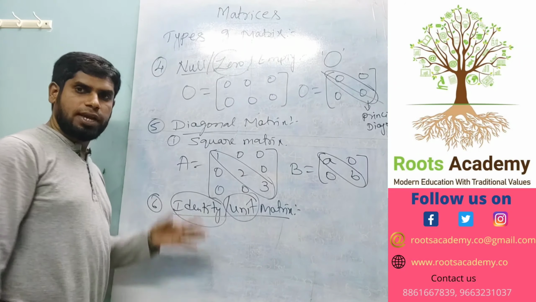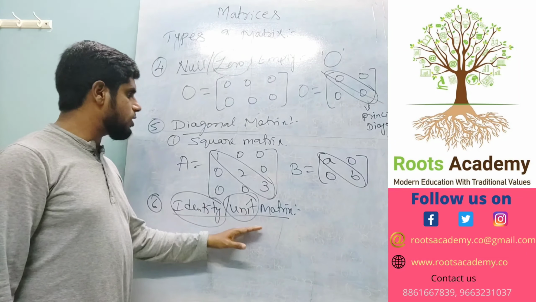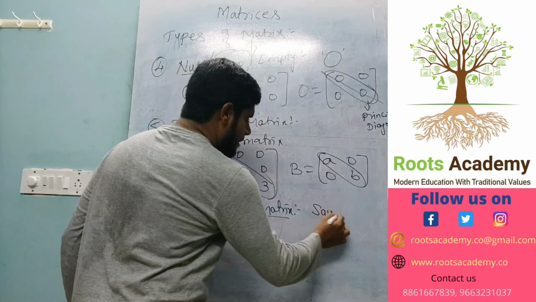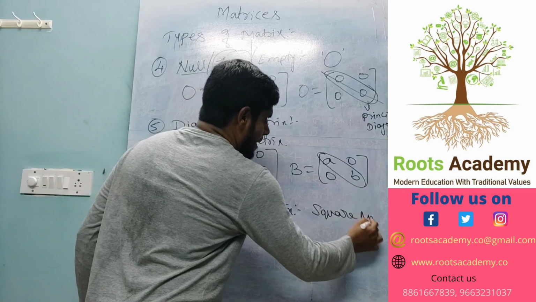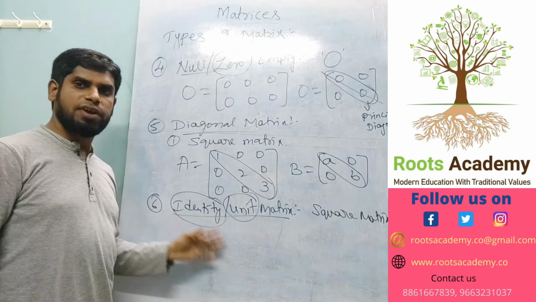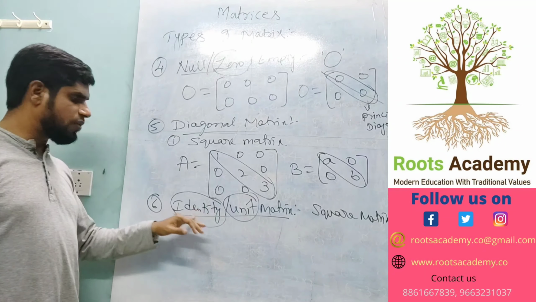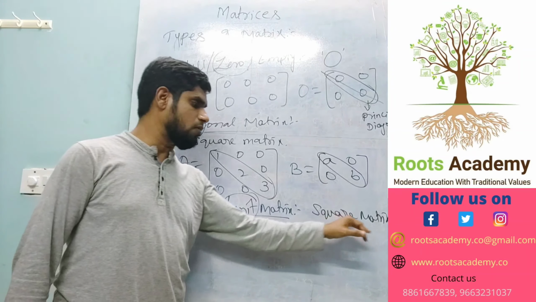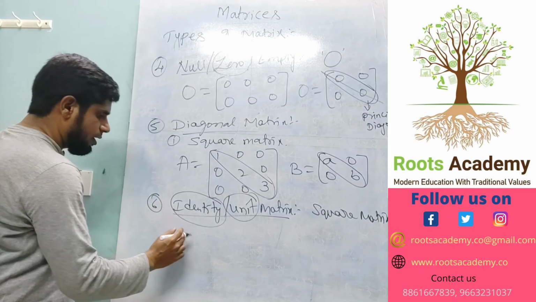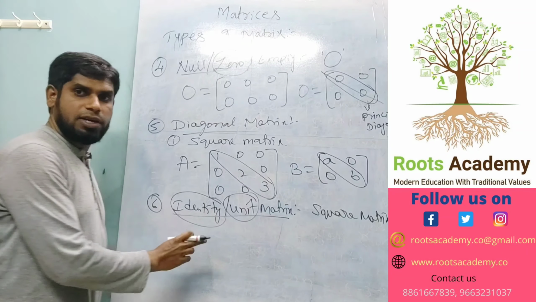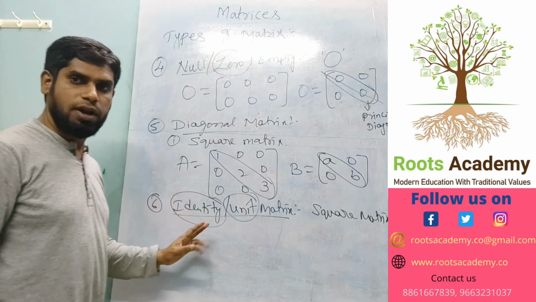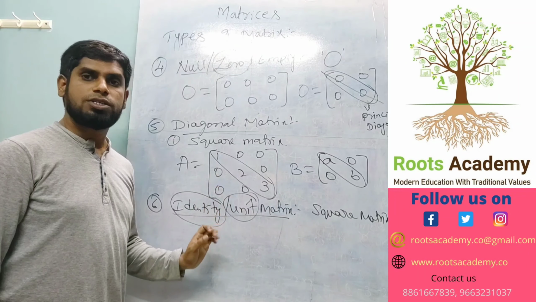Again, this must be a square matrix. If there is no square matrix, then we cannot define identity. So to define an identity matrix, first we should have a square matrix. Then, in that square matrix, the principal diagonal elements must be 1, and all other elements are 0.